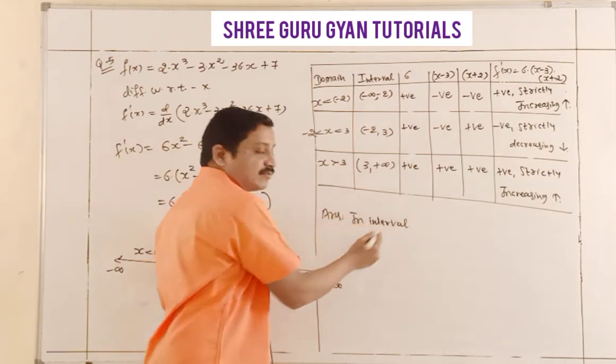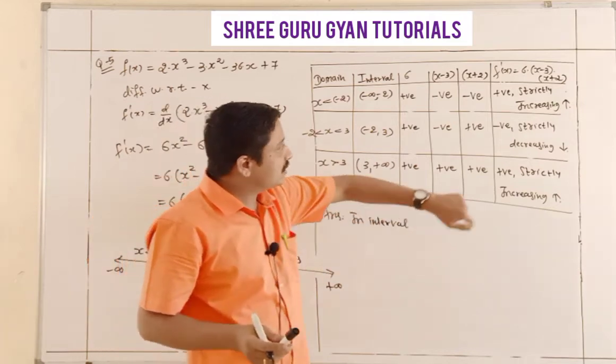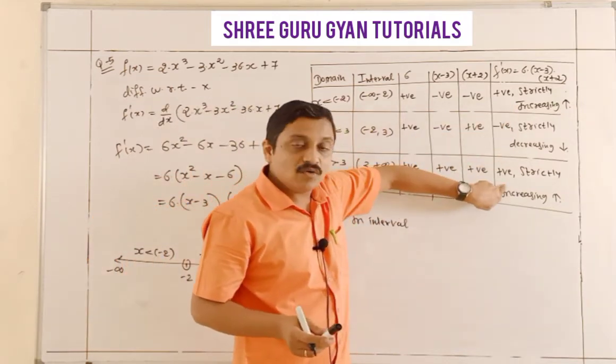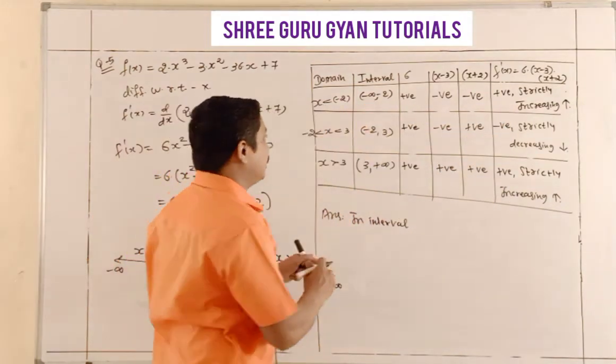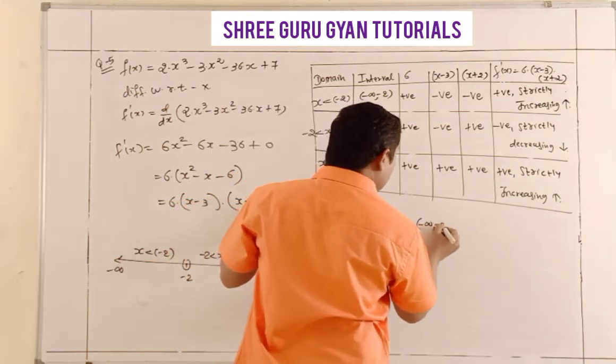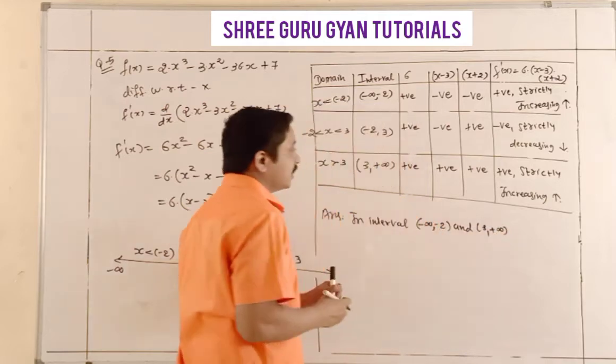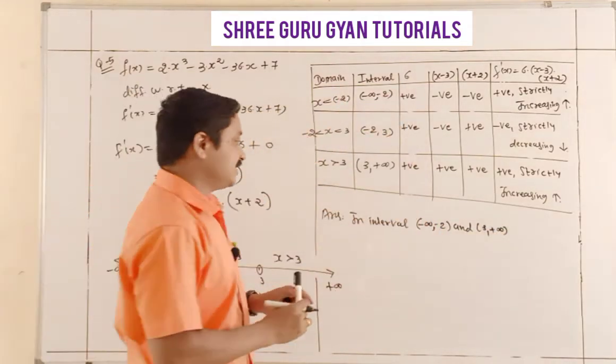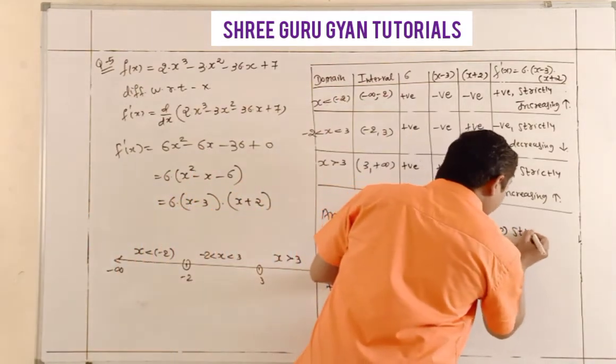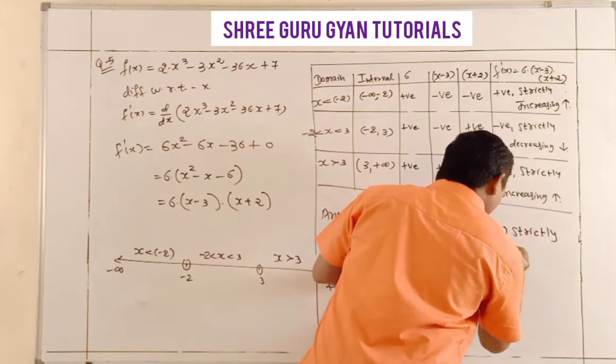Which interval is increasing, which decreasing? Students, here the first and third are increasing. So here I write down minus infinity to minus 2 and 3 to plus infinity. Correct? Increasing and increasing. Yes, here strictly increasing.